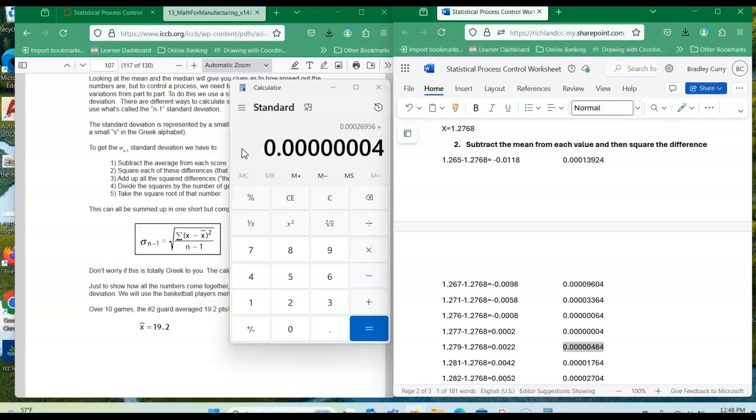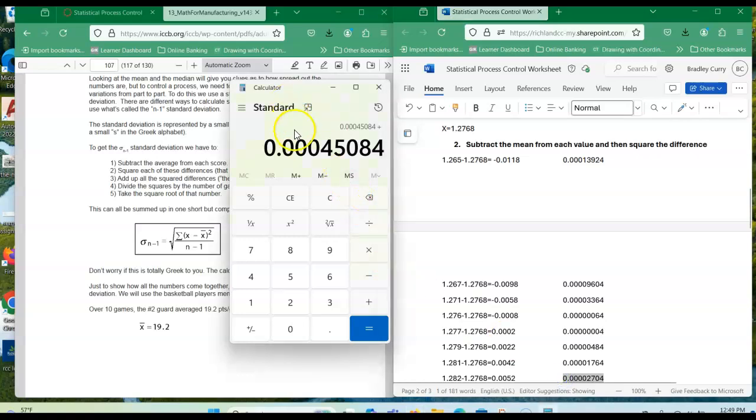So, all right, my next one here is going to be plus 0.00000484. So come back so that I'm keeping myself informed of where I'm at. So 0.0001764 plus. So now I'm moving on to here.